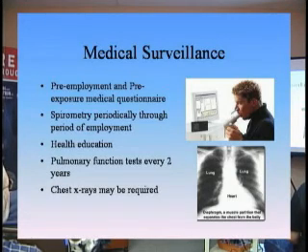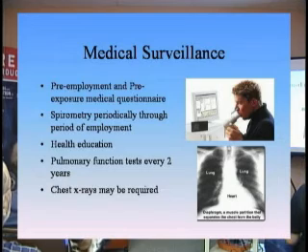So it tests how much air you can breathe in, it tests how fast you can breathe out, which would basically check for any airway obstruction and any indication of maybe asthma occurring. It's also important to have health education, and pulmonary function tests every 2 years, as well as chest x-rays may be required. So that's another chest x-ray, the same one.